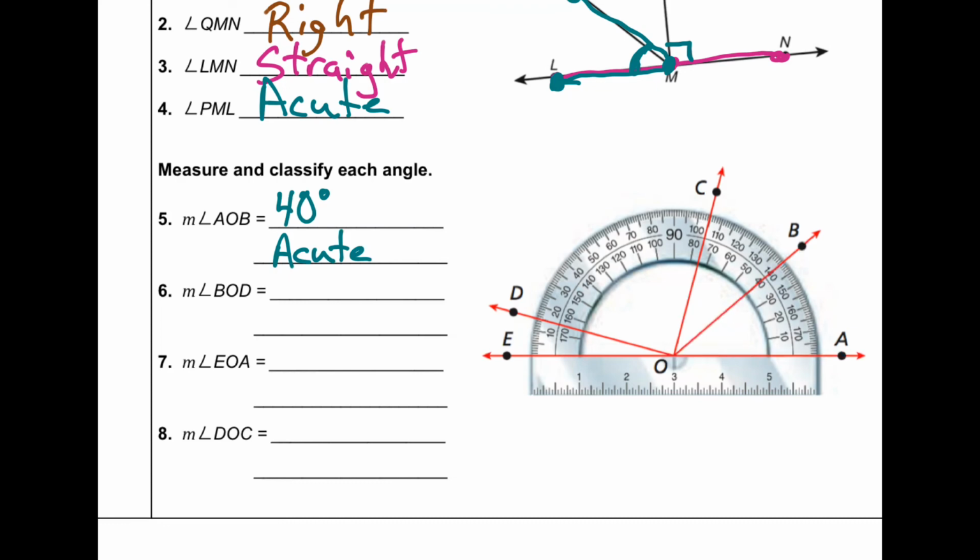All right, angle BOD. So we'll start at B, go down to O, up to D. And if we look here, this one's a little bit tougher because we're not starting at 0. So the best way to do this one is just with a little bit of subtraction. So let's start on the other side this time. And let's find just this small little bit of an angle here. We're going to say that that is 15 degrees because I start at 0 and I'm exactly halfway between the 10 and the 20.